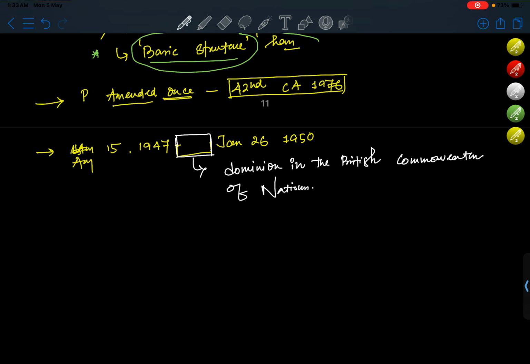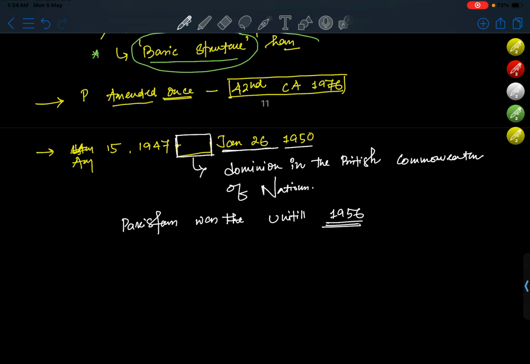After January 26, 1950, India ceased to be a member of the British Dominion. But Pakistan continued to be a British Dominion until 1956. This is a fact you should remember. Sometimes they may ask it in the examination.